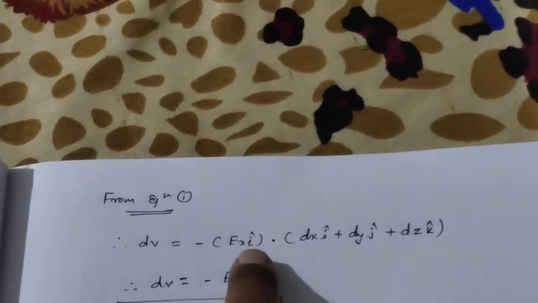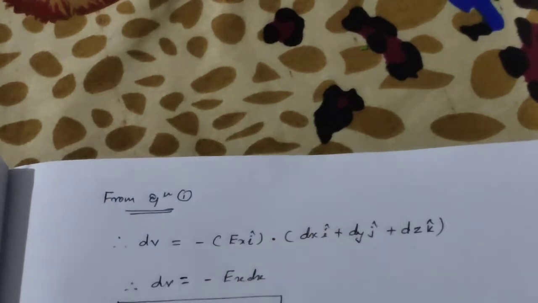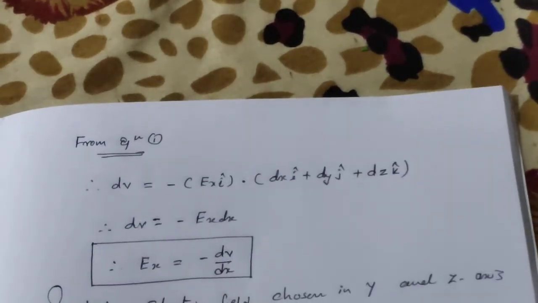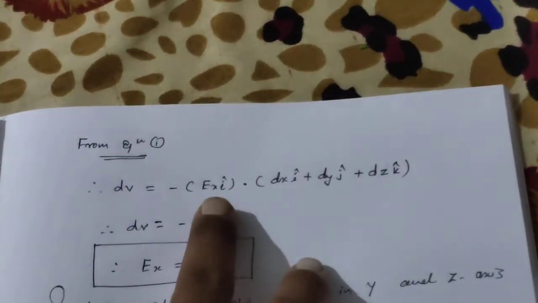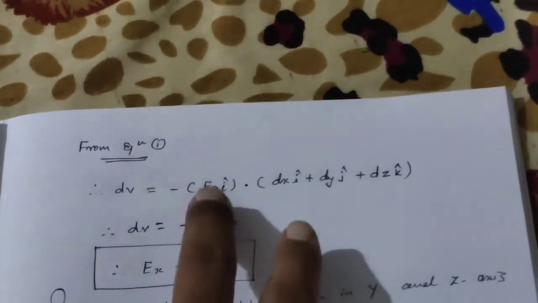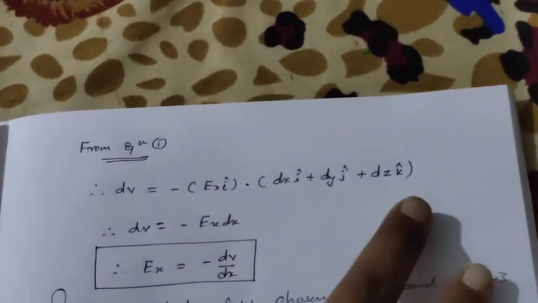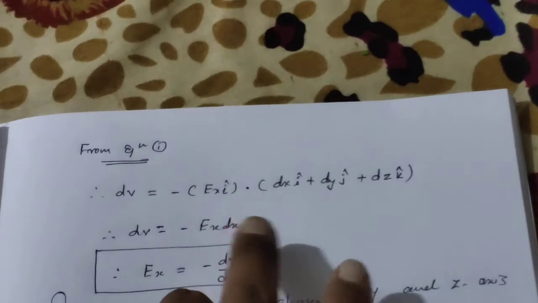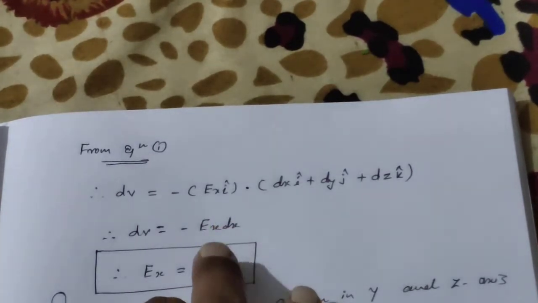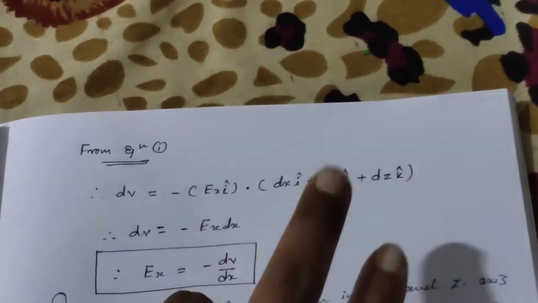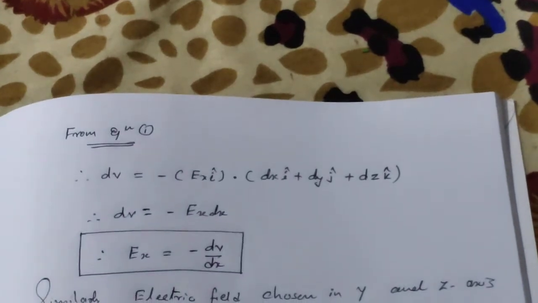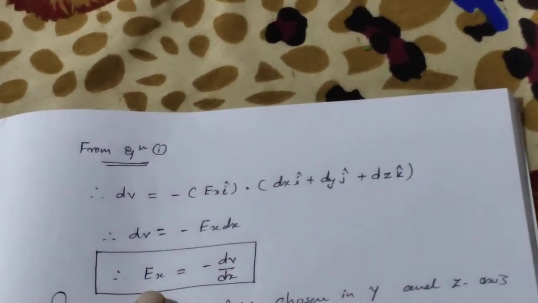Since we are using a Cartesian coordinate system, the dot is unnecessary. Now, i dot i equals 1, i dot j equals 0 and i dot k equals 0. So only the Ex and dx term remains, and the rest are 0. Now make electric field the subject.